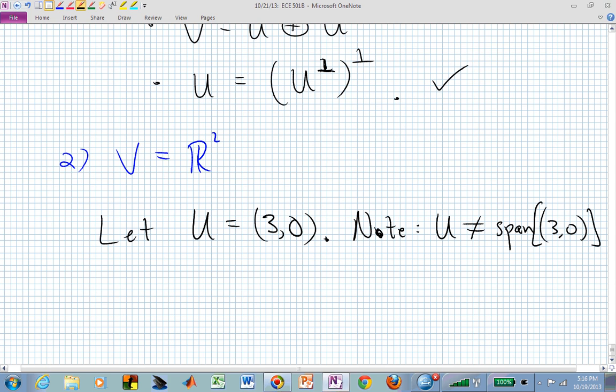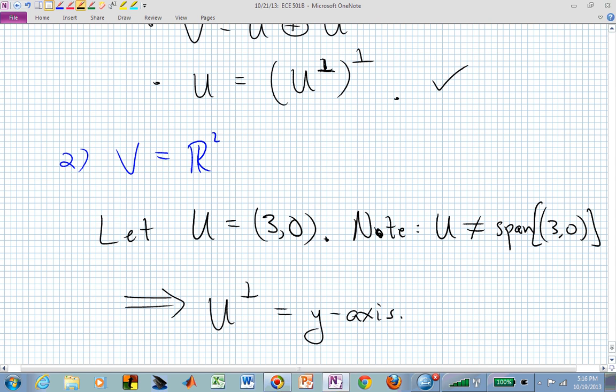If it was the span of 3, 0, then that would be the x-axis. So right now, let's just say that it's a vector in the x direction. What's U perp? Well, what vectors are in the orthogonal complement to this one vector on the x-axis? We now get the y-axis.